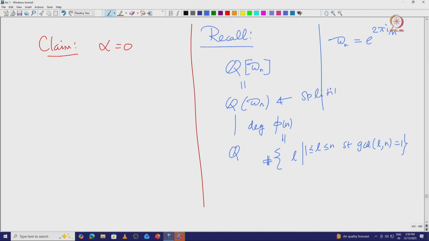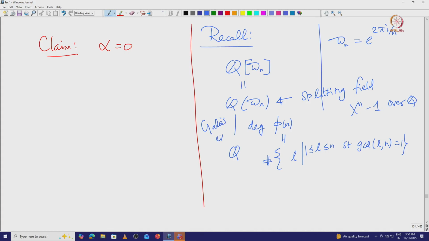And since this is a splitting field of the polynomial x to the n minus 1 over Q, and since we are working in characteristic 0, this is indeed a Galois extension.